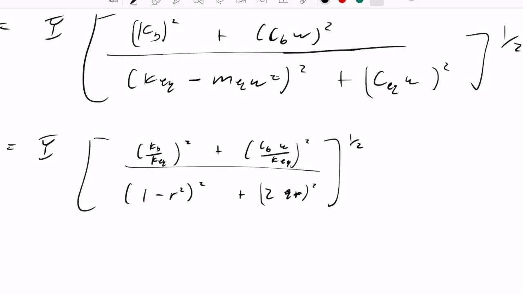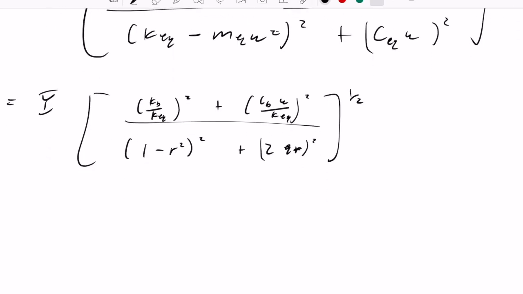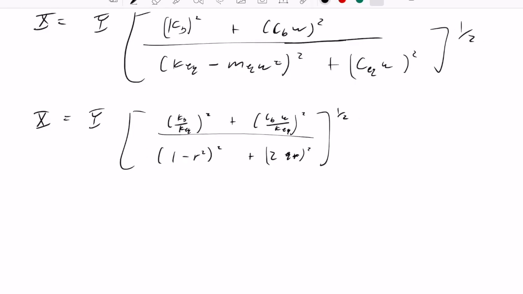Okay, so what we're going to do is take our system and multiply it by CEQ over CEQ. Then we're going to take this CEQ and put it inside up here.